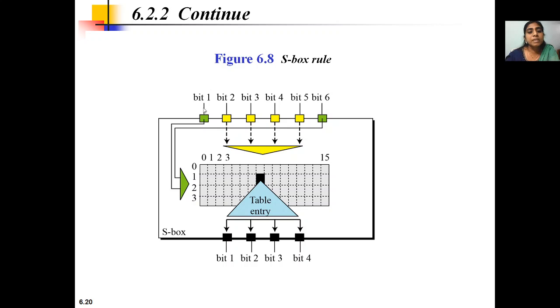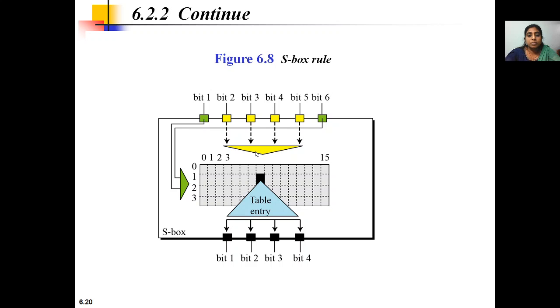Since we have 2 bits for the row, we have 0, 1, 2 and 3 as the row values and from 0 to 15 become our column values. So based on this we are going to take the entry. The output of that particular table becomes the 4 bits.